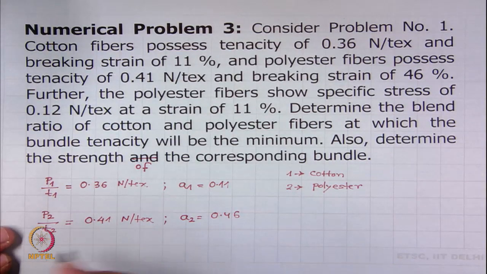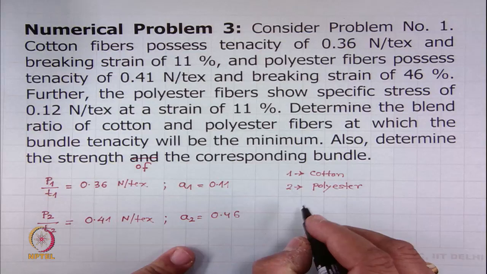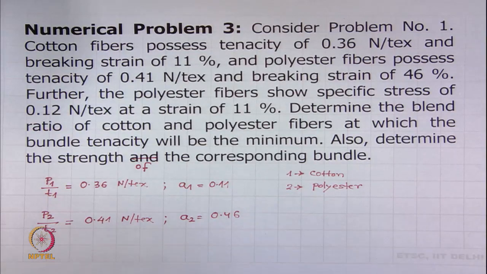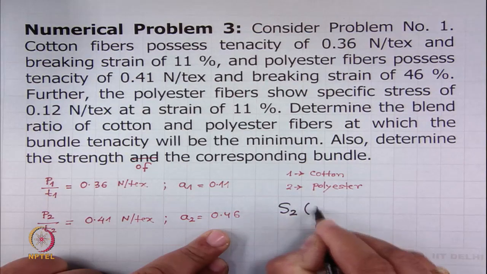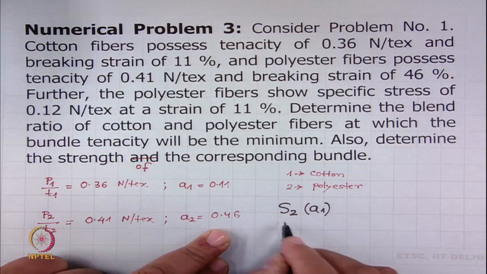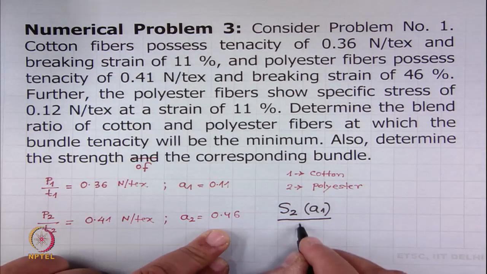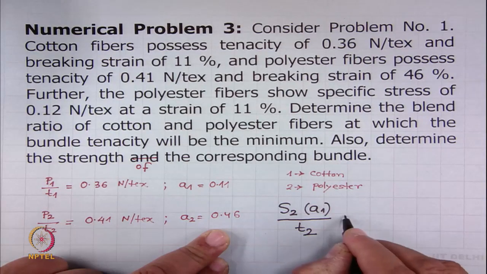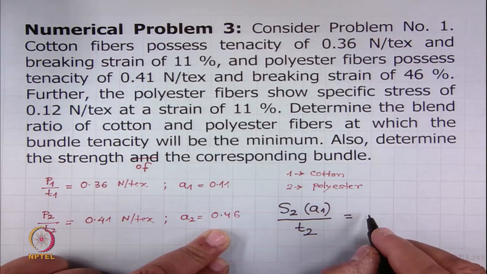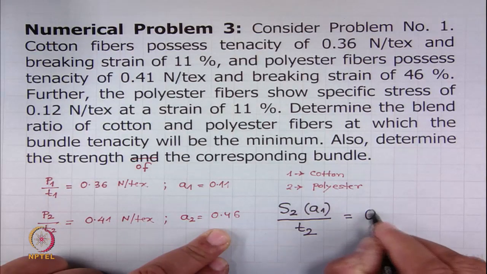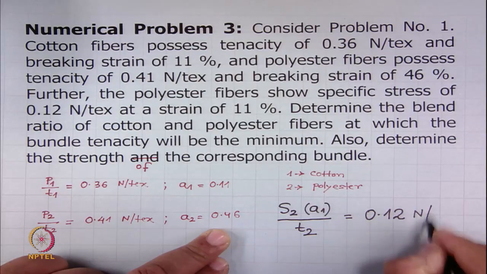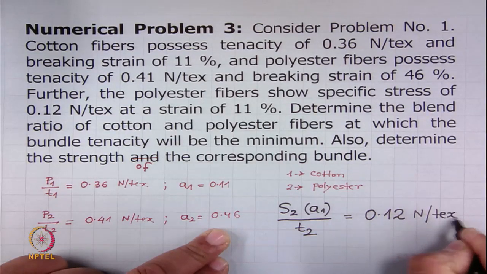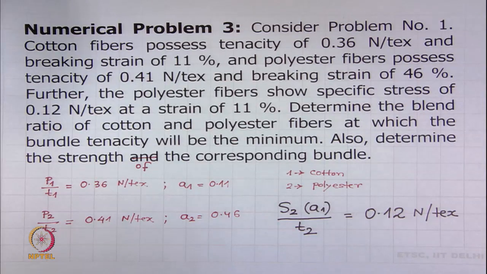Another piece of information which is given is S2 A1 divided by T2, given as 0.12 Newton per tex.